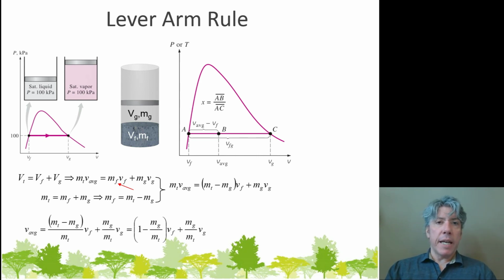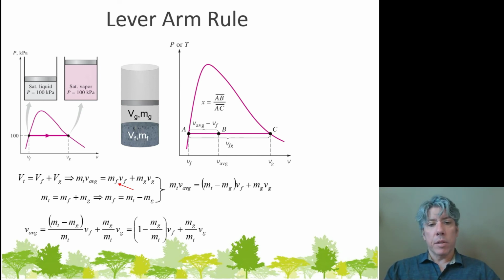Now if we divide the equation through by the total mass, then we'll be left with the average specific volume on the left hand side, and the mass terms can be collected together as mass ratios. Now notice that in the first term we've got total mass minus mass of gas over total mass. Well, total mass over total mass is equal to 1, and the mass of the gas over the total mass is a separate fraction.